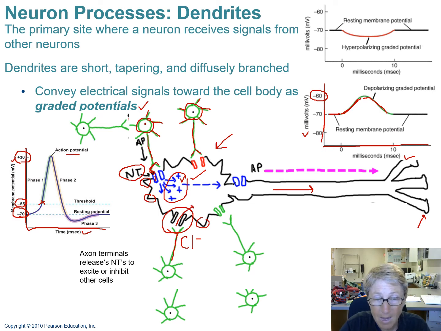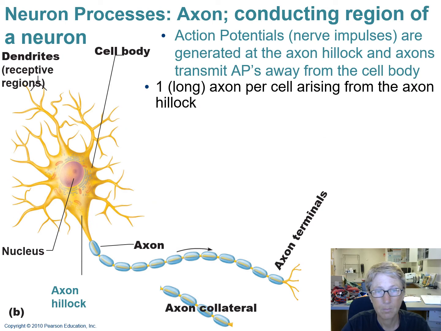A bunch of negative charges are going to come into the cell, and the graph for that would look like this. You'd start here at resting membrane potential at minus 70. As those negative charges came in, the inside of the cell would get even more negative, and you'd have a hyperpolarizing graded potential because the negative charges are coming in. Okay, so we've seen the difference between an action potential and a graded potential. This is just our same cartoon, just adding a few more things on it.